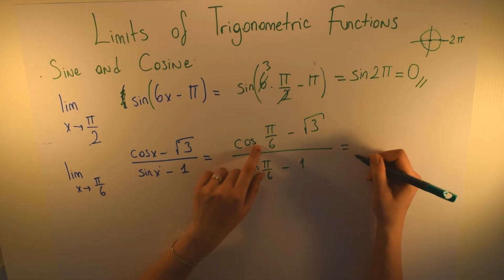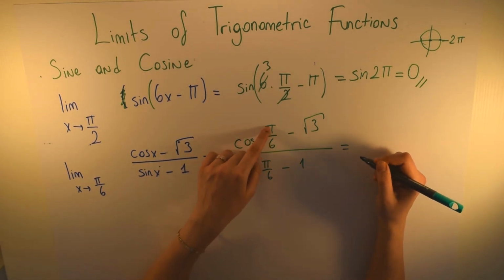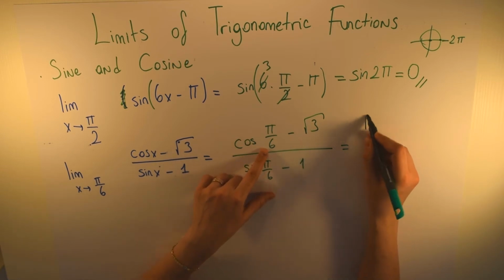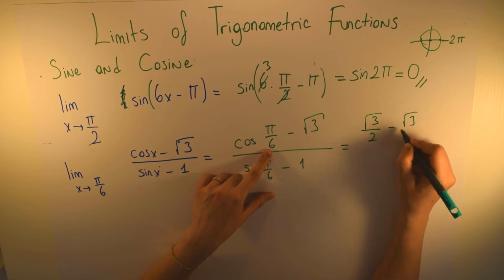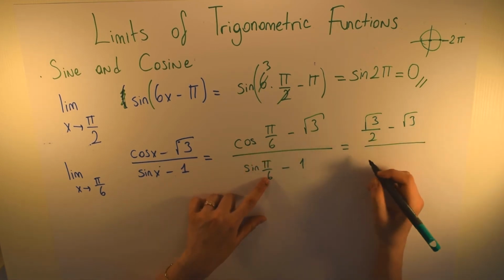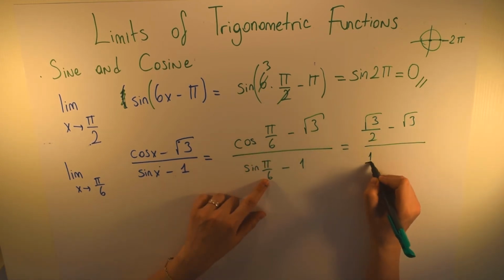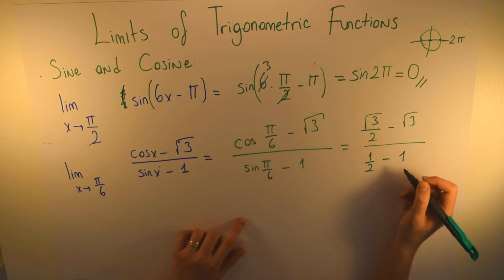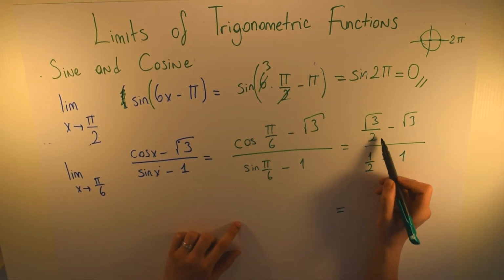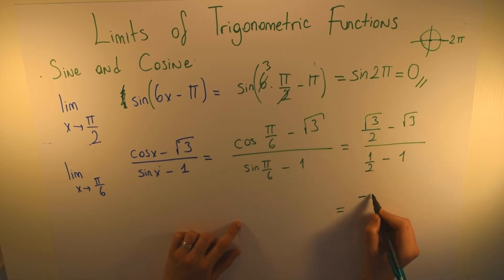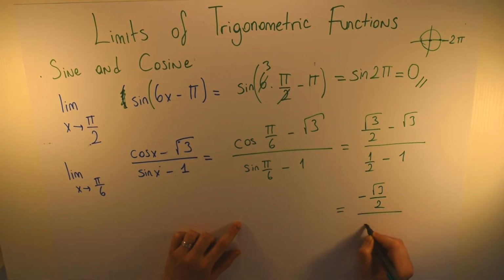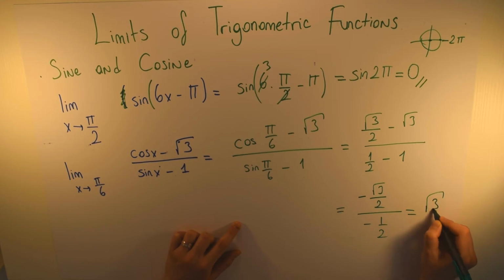Cosine pi over 6 is equal to square root of 3 over 2, and sine pi over 6 is equal to 1 over 2. So we have square root of 3 over 2 minus square root of 3, over 1 over 2 minus 1. This is 2 times minus square root of 3 over 2, over minus 1 over 2, and this is all equal to square root of 3.